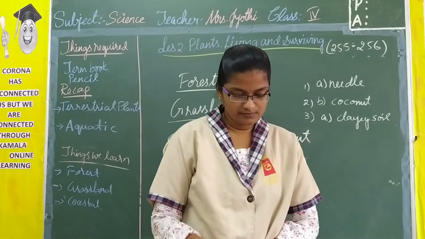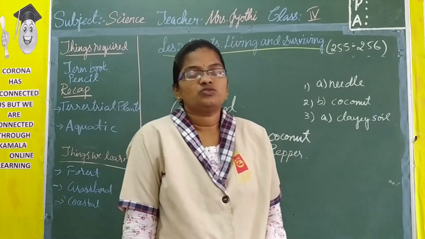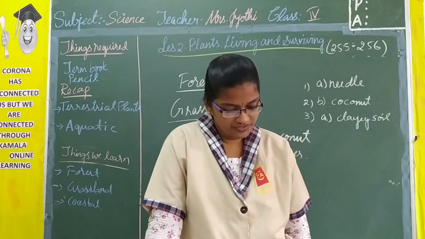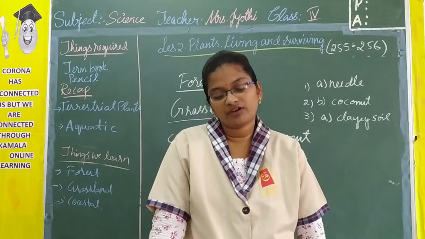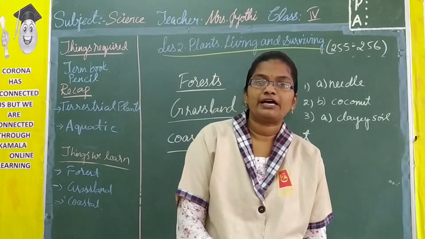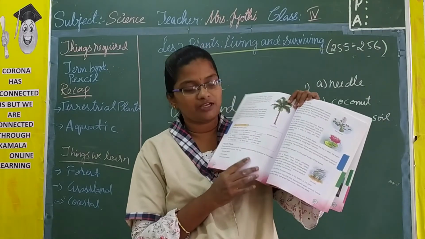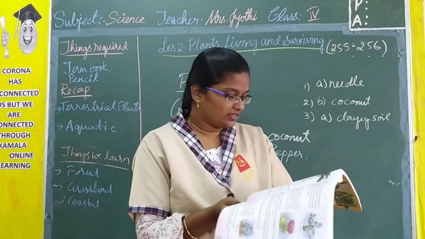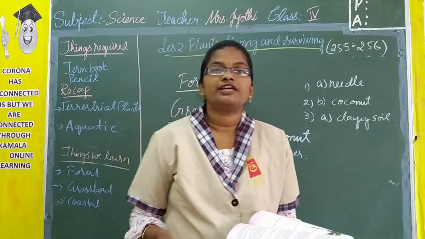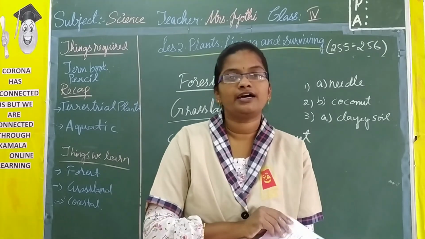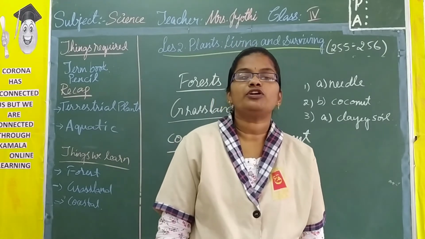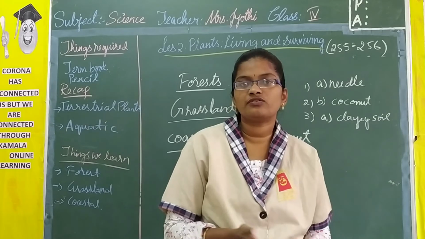So that is about today's topic. Now in the next topic we will learn about aquatic plants. In aquatic plants also, if you see how many different types of plants are there. There are floating plants, there are fixed plants, and there are underwater plants. Floating plants, they float on the surface of water.